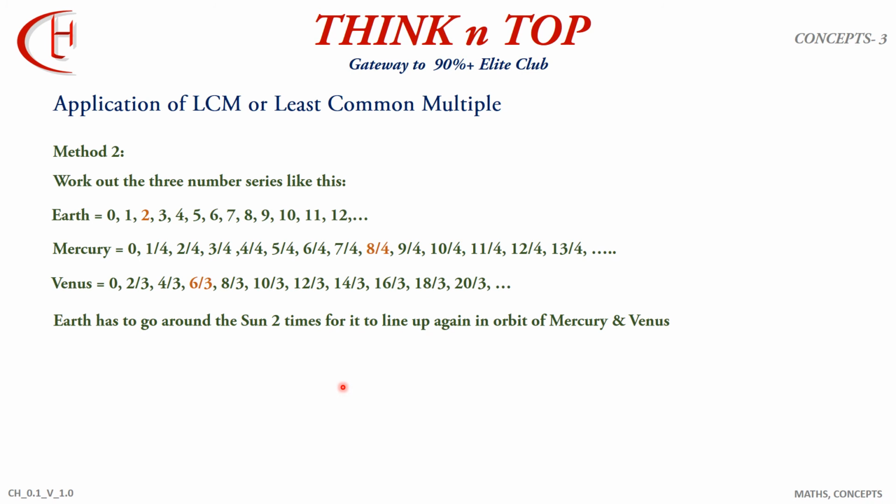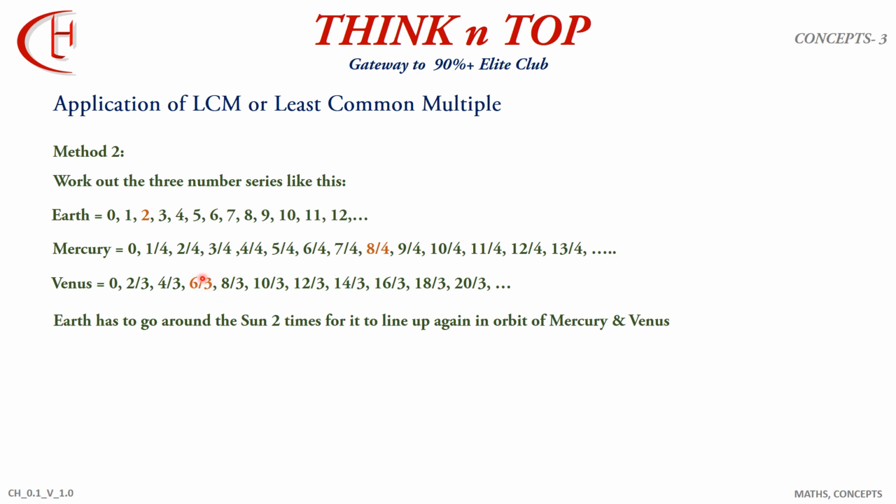So Earth has to go around the sun 2 times for it to line up again with the orbits of Mercury and Venus. Why do we say it? The reason is that the first time when it becomes a whole number, it gives a product, is over here, and in the case of Mercury it is over here, and that whole number is 2. So that means when Mercury completes its 8th encircling around the orbit, it completes 2 Earth years, and similarly Venus, when it completes 3 encirclings in its orbit around the sun, completes 2 Earth years.